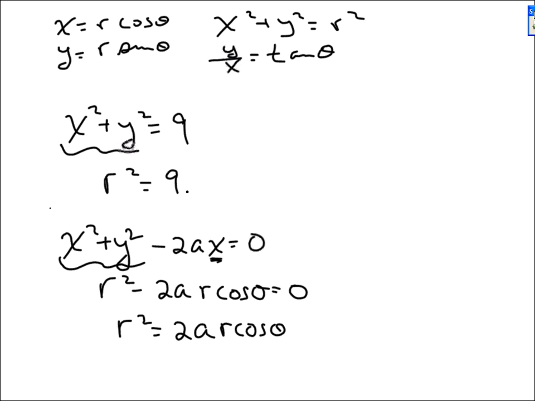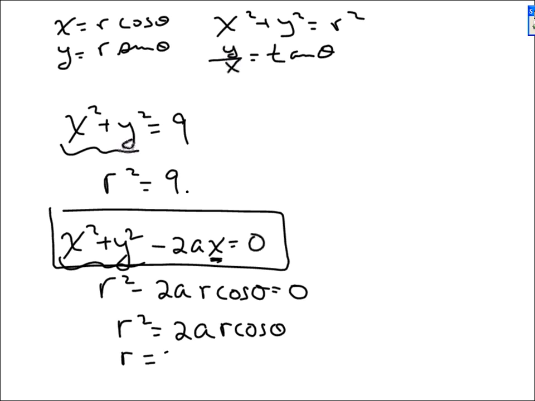Now, it's not reasonable to assume that r squared is 0. That would mean x and y are 0. If x and y are not both 0, that means r is not 0. You can divide both sides by r. Okay, there's a nice answer.